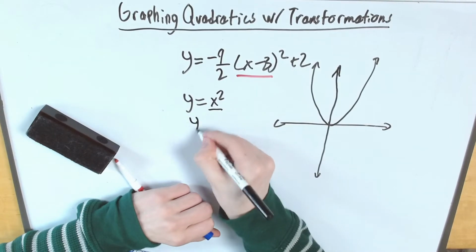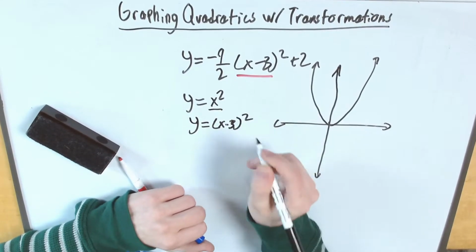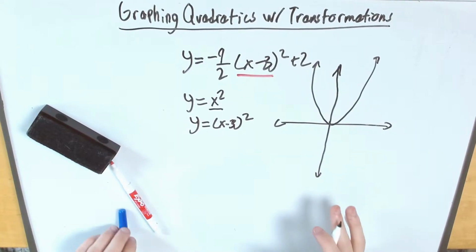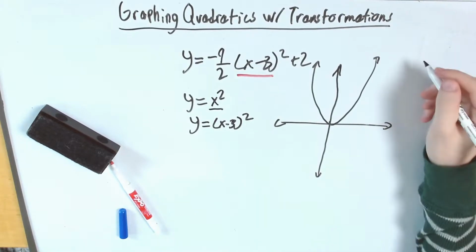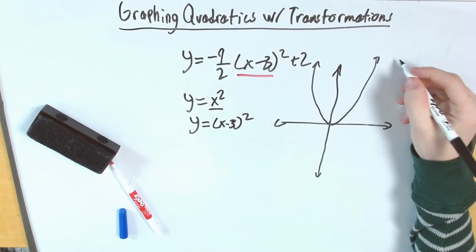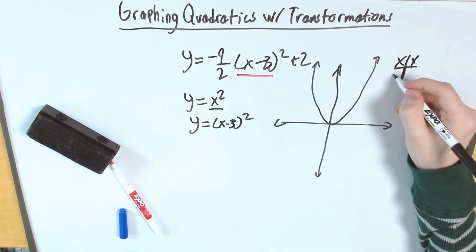So I'm going to start by graphing x minus 3 squared and seeing what happens, right? What happens if this x is actually x minus 3? What does it do to the graph? As always, I'm going to take my table of values out, start plugging in values. I plug in 3.